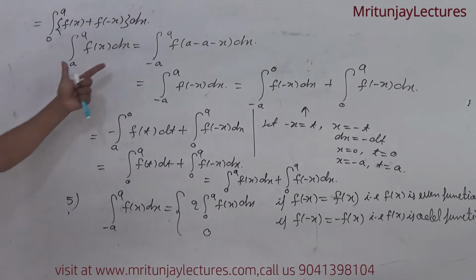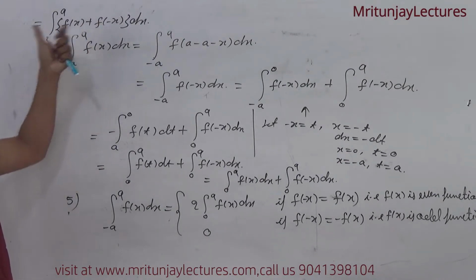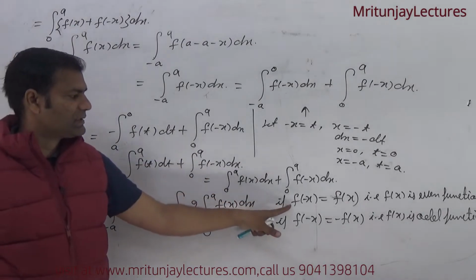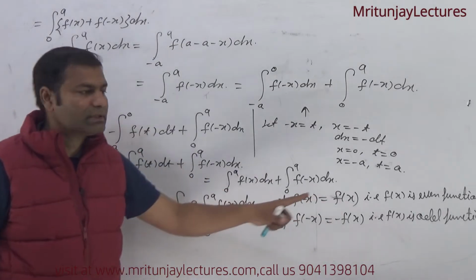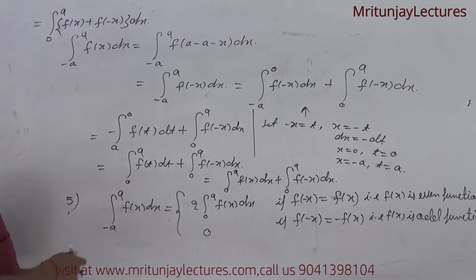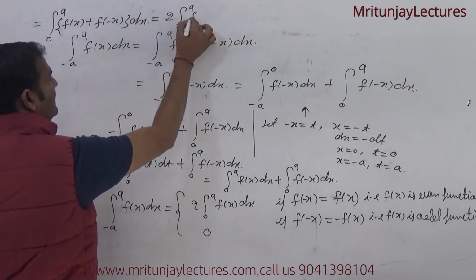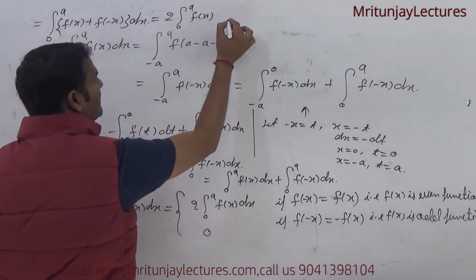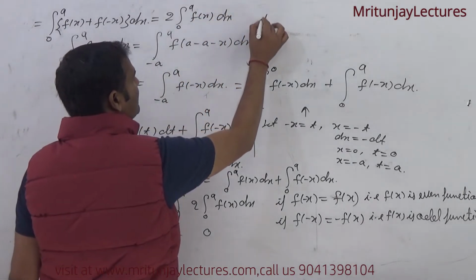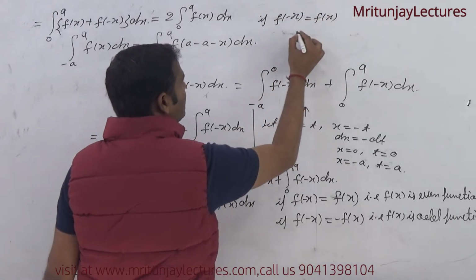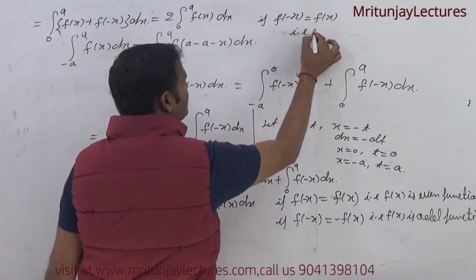Okay, this one is equal to this. Now if f of minus x is equal to f of x, that means if this is an even function, then it is 2 times the integral from 0 to a of f of x dx. That is, if f of minus x is equal to f of x, it is an even function.